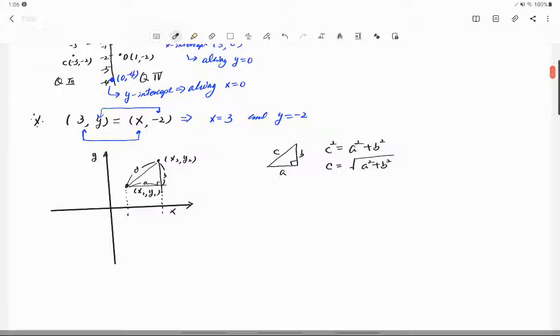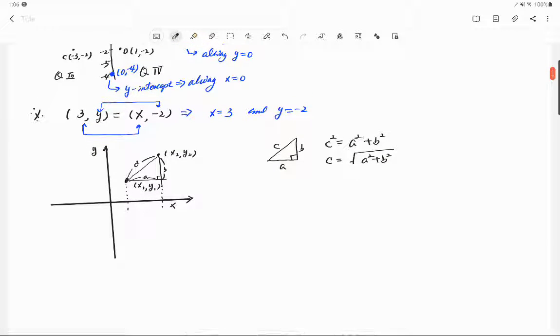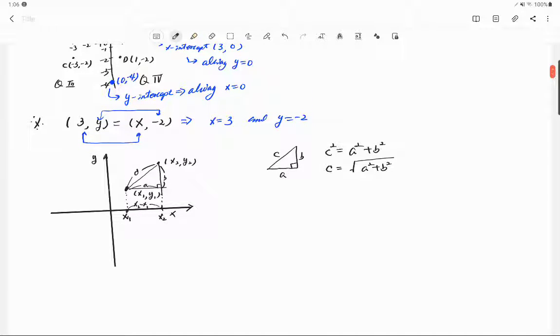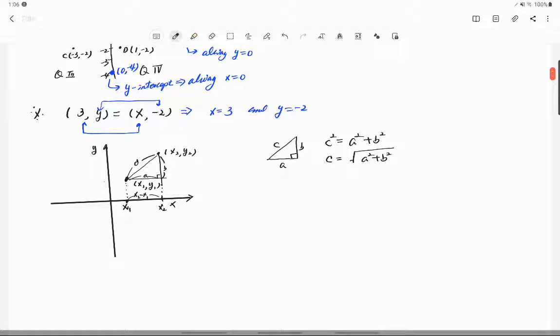The x-coordinate of the first point is x1, and this point is x2. So the length between these 2 points will be what? x2 minus x1, right? How about the length of side b? The y-coordinate of the first point is y1, and the y-coordinate of the second point is y2, right?